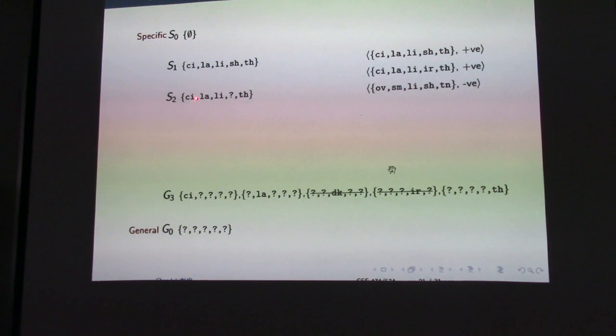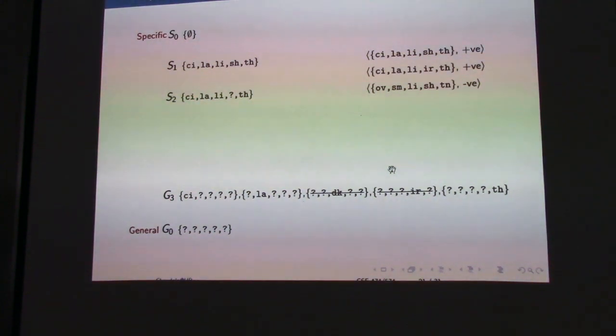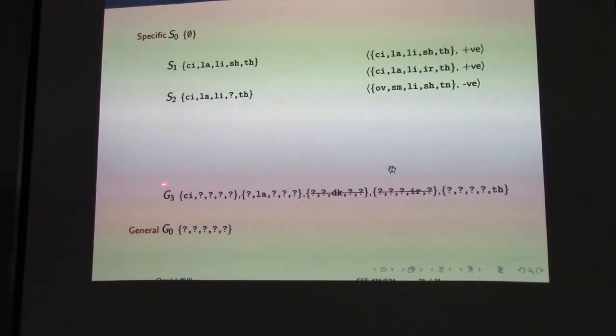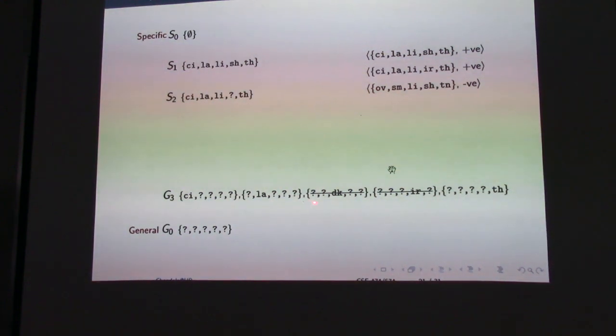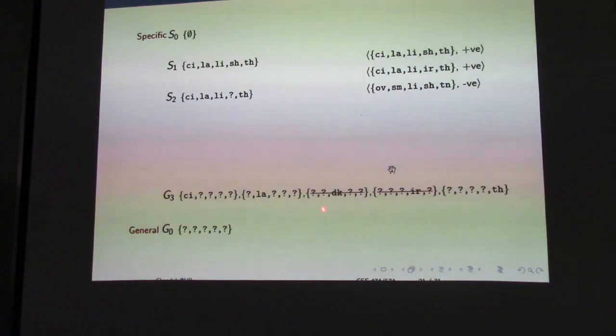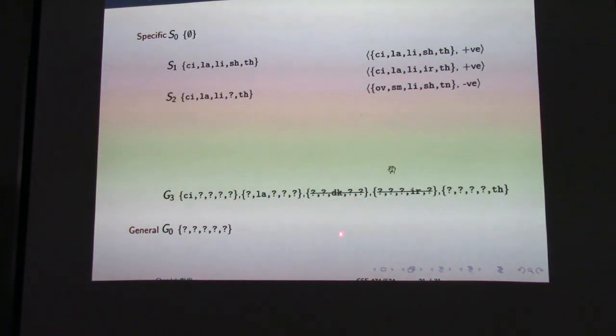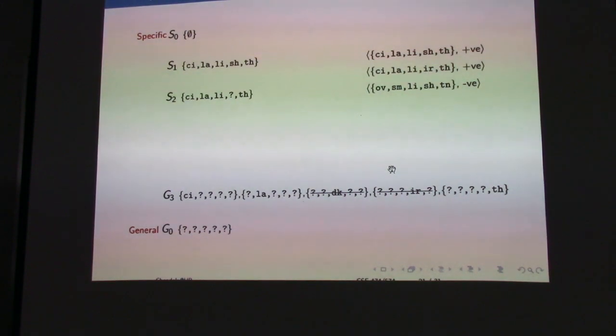For example, OV is different from CI, so CI should be in the version space. And our SM is different from LA, so we know LA is in the general bound of the version space. But LI is equal to LI, so this should not be in the version space. This is very similar. And TH, those two elements are different.